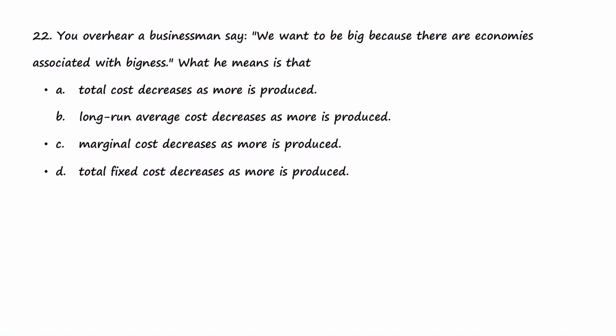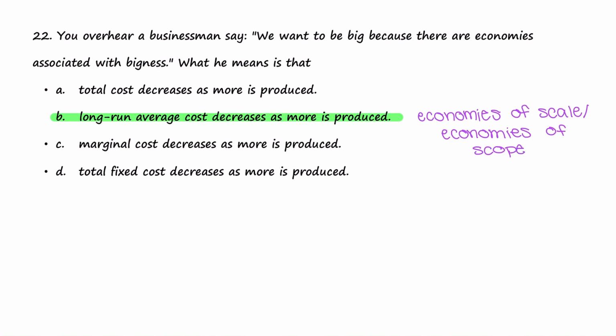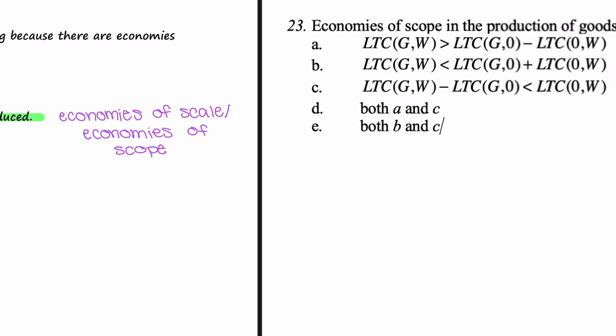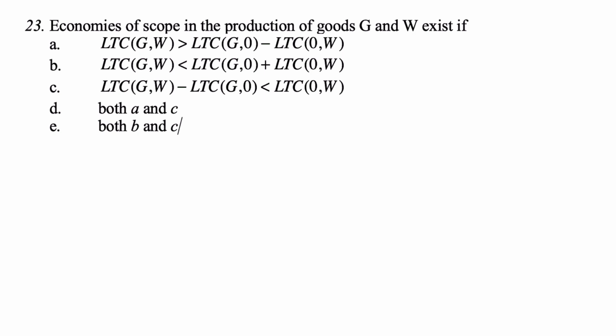You overhear a businessman say, "We want to be big because there are economies associated with bigness." What he means is that long run average cost decreases as more is produced. And this is economies of scale. Economies of scope. Economies of scope in the production of goods G and W exist.